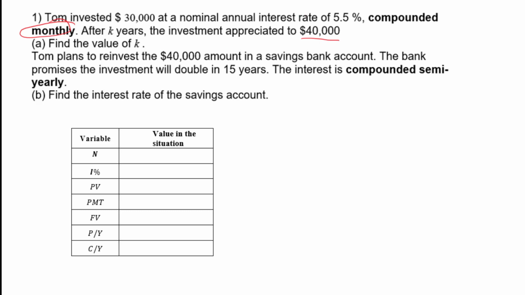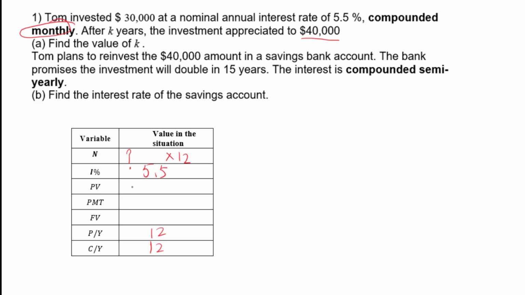Since it is compounded monthly, this is a 12, and here multiplied by 12. Basically, we are looking for this N. The interest rate is 5.5. Present value invested is $30,000.